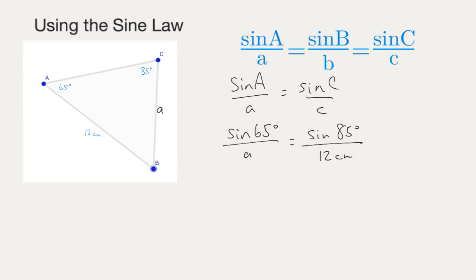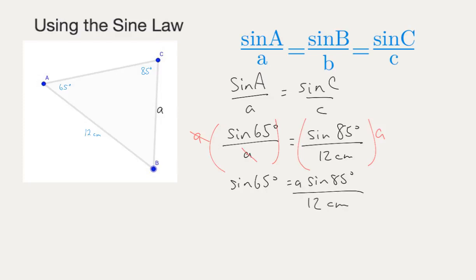If you know how to cross multiply, that's great. If you don't, the process is that I'm really just going to multiply both sides by A, and that will cancel A off of this side, in which case I will have sine 65 equals sine 85 degrees times A over 12 centimeters. Now I want A by itself, so I have to get rid of the other 2 things.